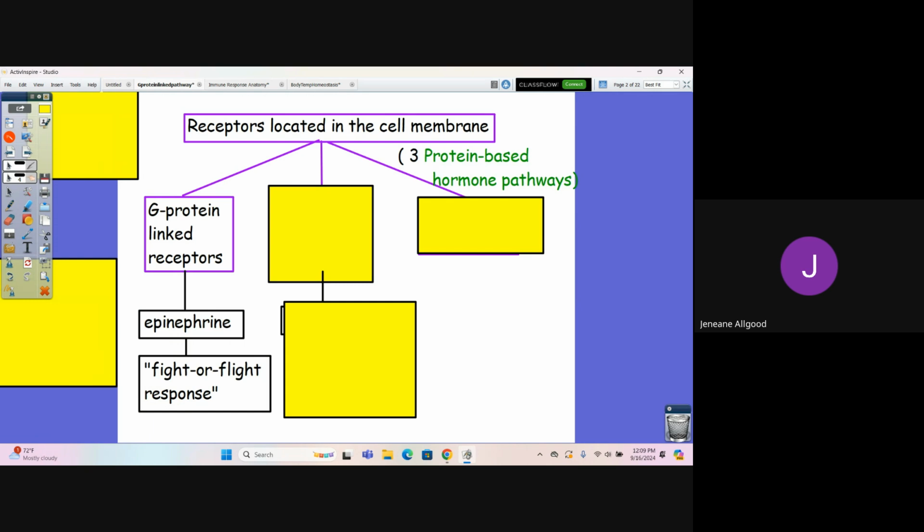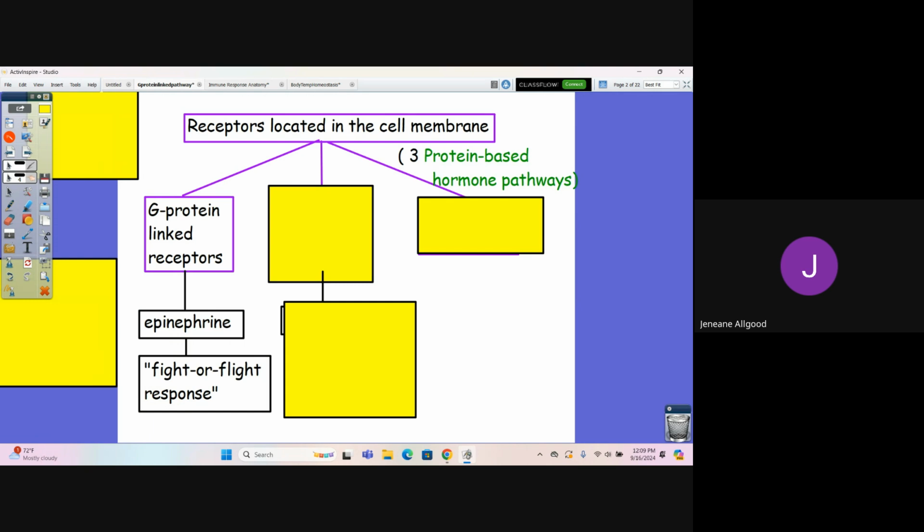And so the main hormone that we'll be using for this pathway will be epinephrine. And epinephrine is responsible for bringing out your fight or flight response. So when you're in an emergency or you're scared or you're getting ready to fight somebody and your heart rate speeds up and you start breathing a little bit heavier, it's epinephrine that does all that.